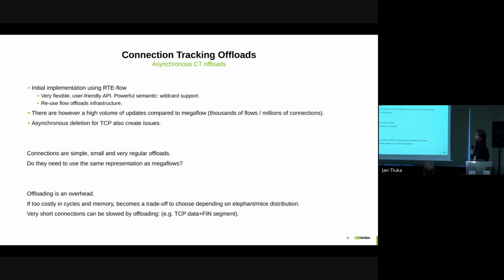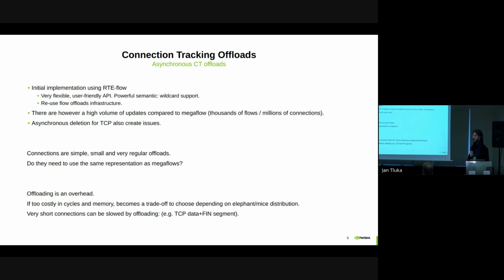However, there are issues with it. The volume is just not the same at all. It's not scaled up for it. And we have functional issues. Now, the hardware offloads for CT connections are very simple, small, very regular. So the question then becomes, why do we reuse the same representation?